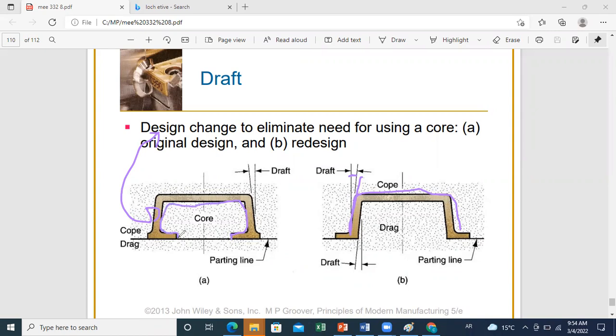But if your application allows you to disregard these parts, and it depends on the restrictions you have, if you say these parts are not very useful, what if we can remove them? Then you will not need to use a core anymore. You can just extend the drag part into the cope part like this. Then when you separate cope and drag, you will just have your final part without the need to add any core. So sometimes you can simplify your design in order to facilitate your casting operation.